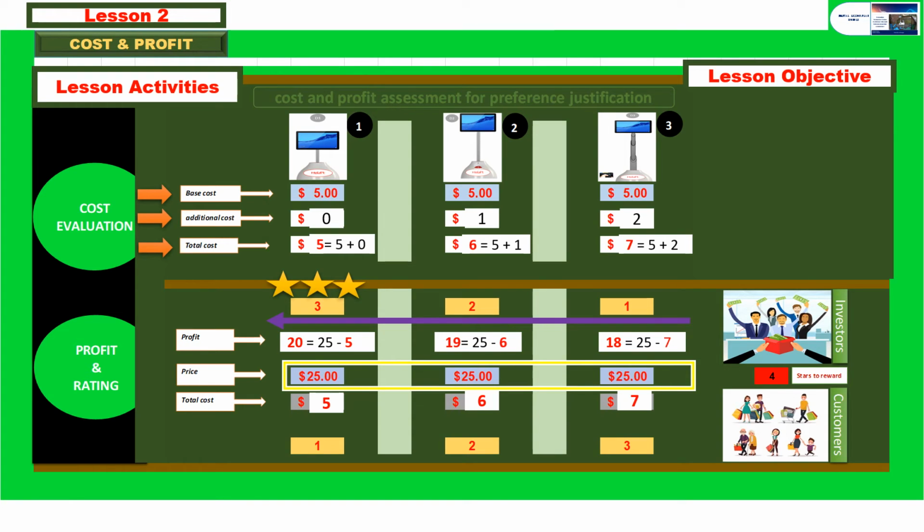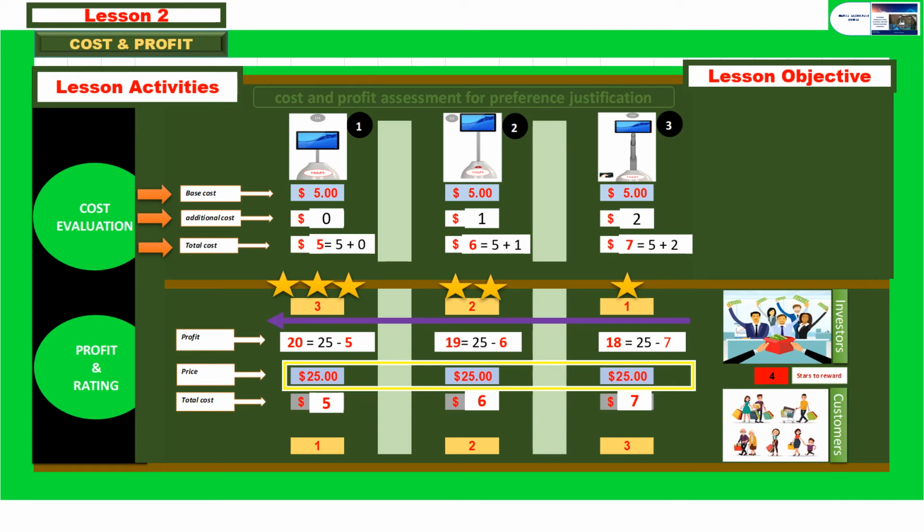That will be the lower version. Then they rate 2 stars for the middle version, and 1 star for the higher version. Why? Because this is where the profit is the lowest. So the lower the profit, the smaller the number of stars.